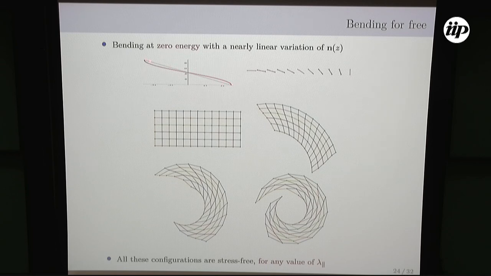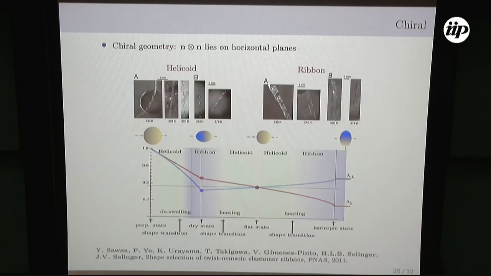And so the black line is what you get when you fabricate the material. And the red line is the solution that gives you no stress. And it's very similar. So when you fabricate the material, you are lucky, and you have almost the configuration of the nematic orientation that you need to get zero stress for any configuration.